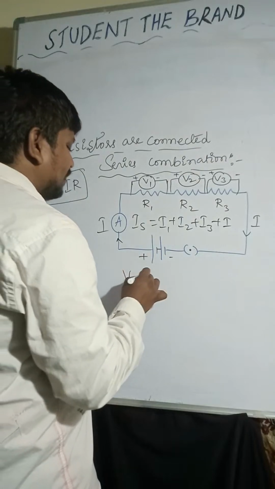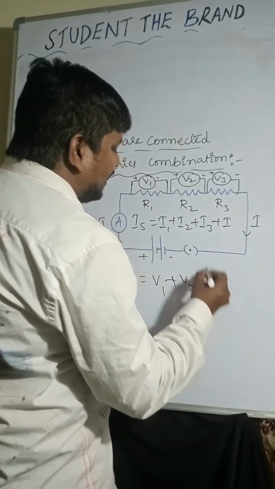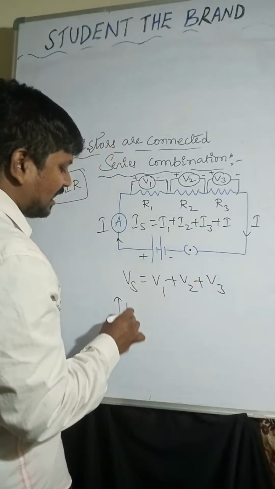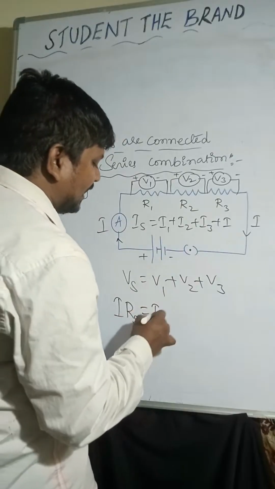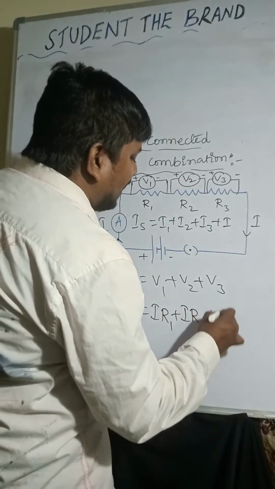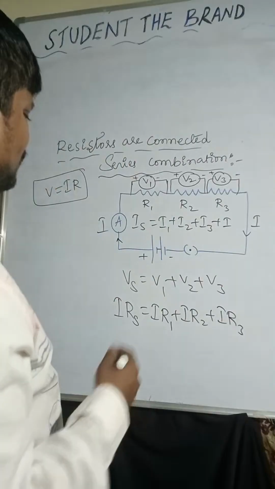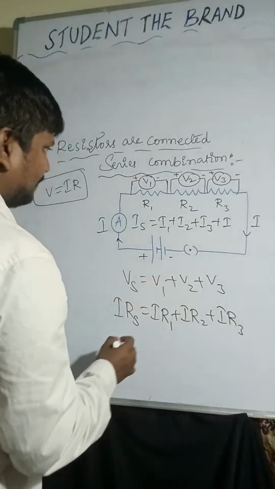Then V is equal to V1 plus V2 plus V3, so I R S equal to I R1 plus I R2 plus I R3. Shall I take I common? Just now I said current is same.